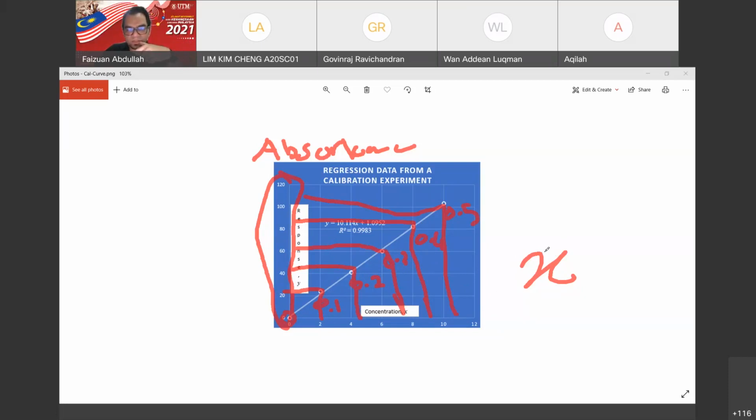So when the instrument detects sample X, the solution is sample X, when the absorbance is around here, the instrument detects from the experience that we taught it, this is the absorbance, and this is the concentration. Now the instrument knows, referring to the calibration plot, this is the concentration.